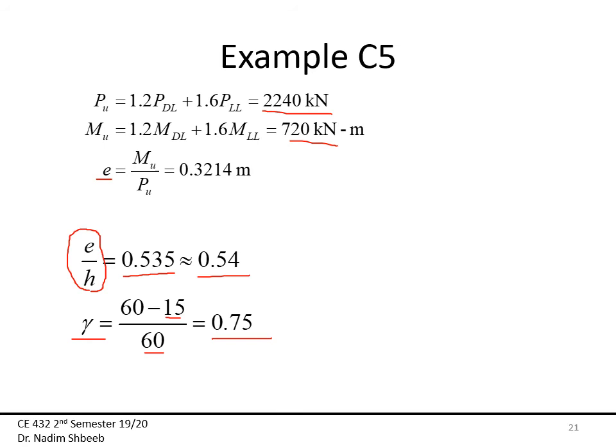Now, one thing you should know is that the interaction diagrams provided in our textbook do not have a gamma value of 0.75. For that column arrangement, we only have a value of 0.7 and a value of 0.8.